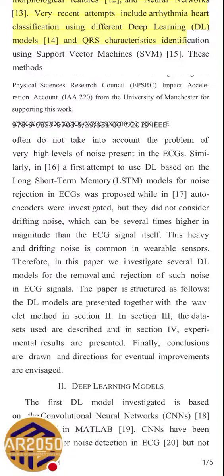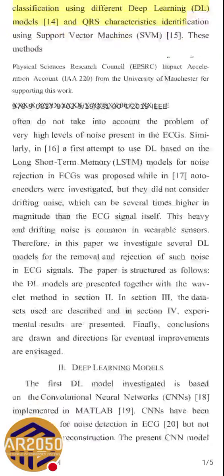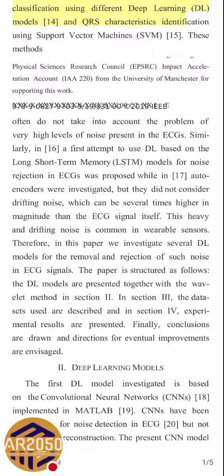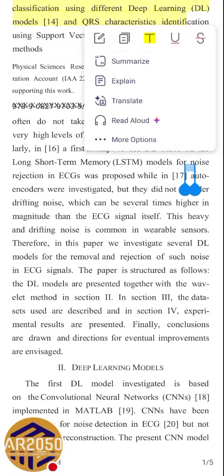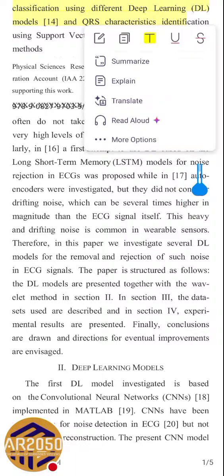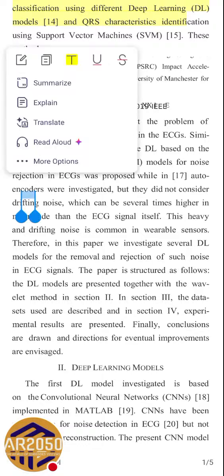So often these methods do not take into account the problem of a very high level of noise present in ECGs. Similarly, a first attempt to use deep learning based on long short-term memory models for noise rejection in ECG was proposed, while encoders were also investigated, but they did not consider drifting noise. So this is another important point: although encoder models were discussed, they can't consider the drifting noise.